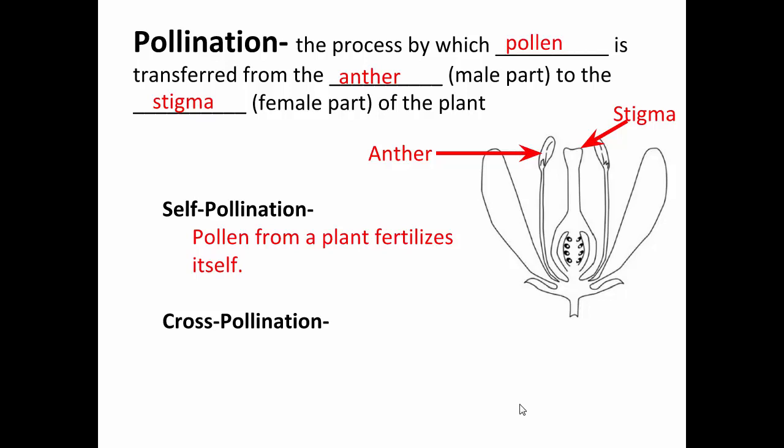So it's not adding a lot of variation to the species. Cross-pollination is more common. That's when pollen from a different plant fertilizes a flower. Cross-pollination introduces more variation for the species.